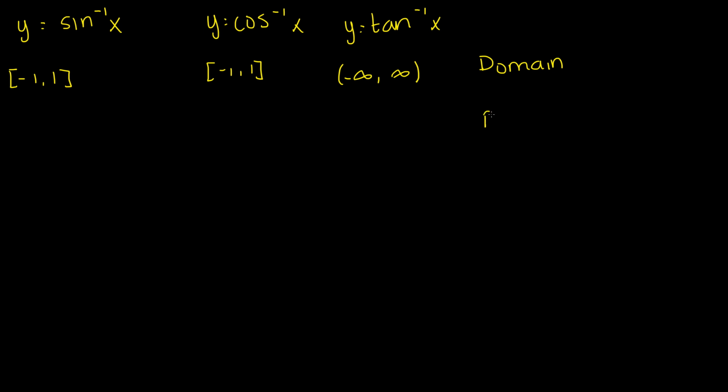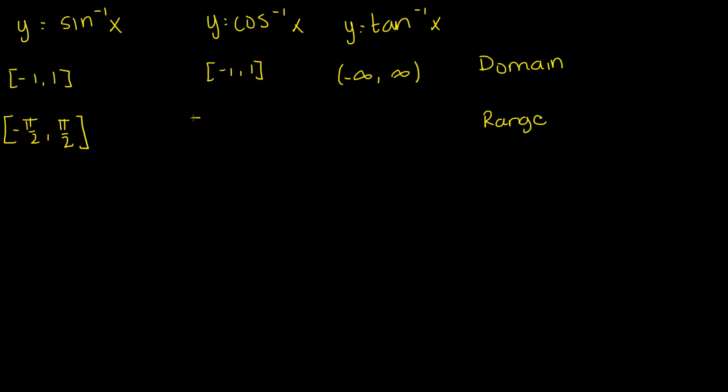My range for each one of these is going to be -pi/2, because remember in the last one we have to have a one-to-one function, so we're looking at the valley to the peak, and for sine it's between -pi/2 and pi/2.